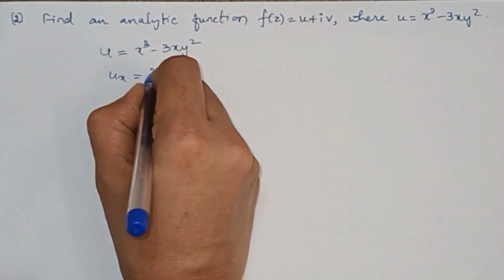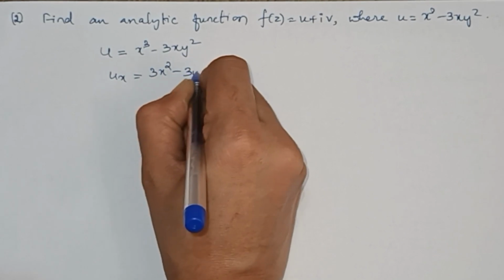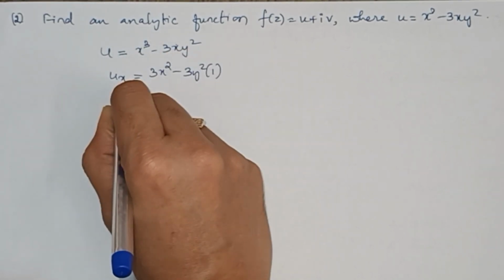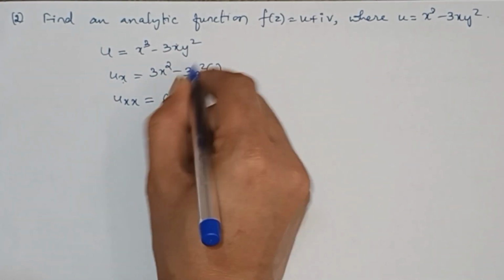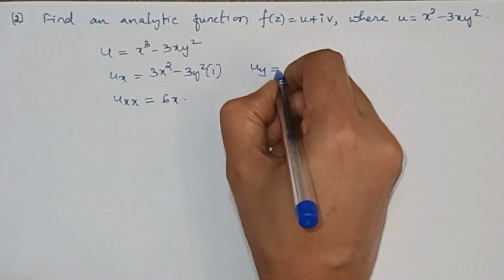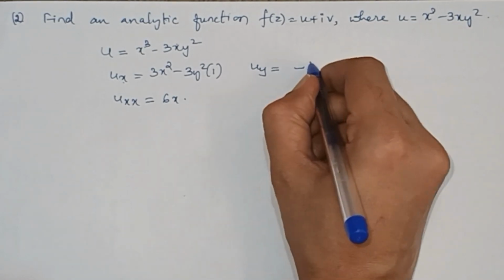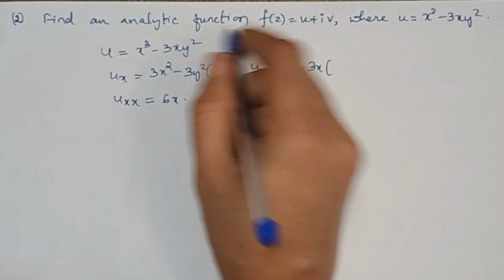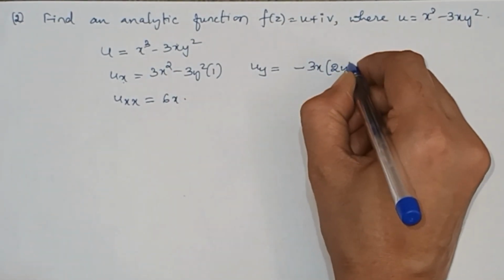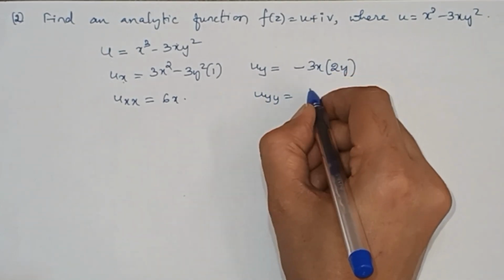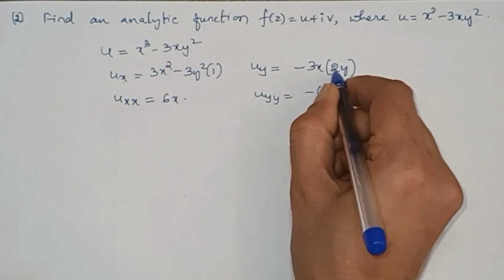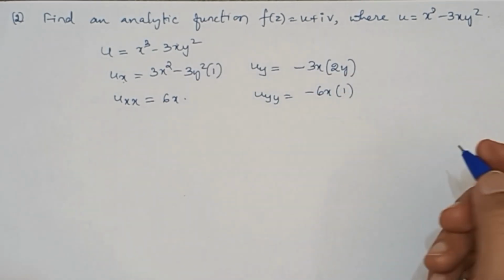So ux is 3x square minus 3y square into derivative of x with respect to x is 1. Uxx is equal to 6x. This is anyway 0. Uy equal to 0 minus 3x into derivative of y square with respect to y is 2y. So uyy equal to here minus 6x is constant, then derivative y is 1.